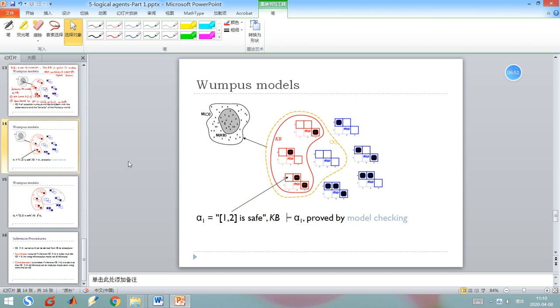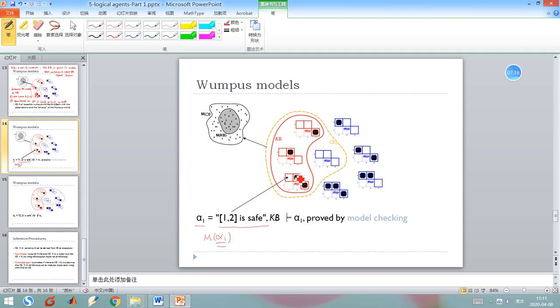If we use alpha 1 to denote that square 1,2 is safe, what models does alpha 1 have? We need to determine the models of alpha 1.